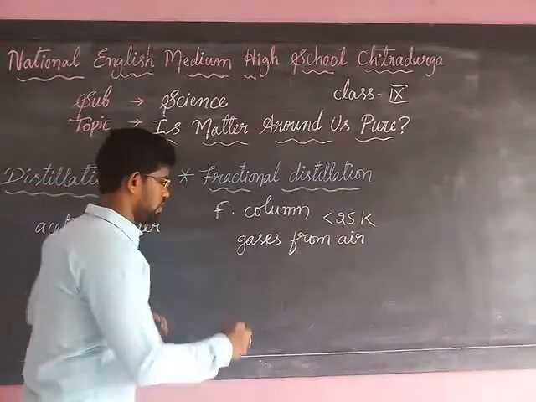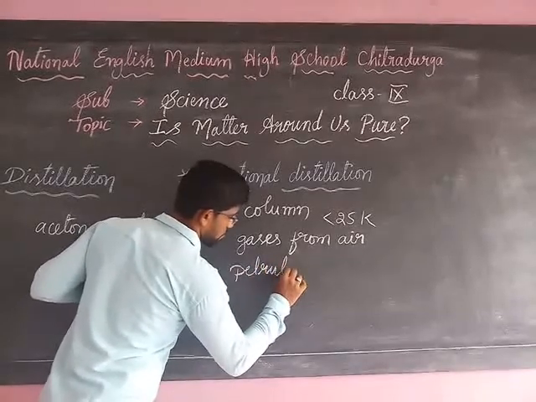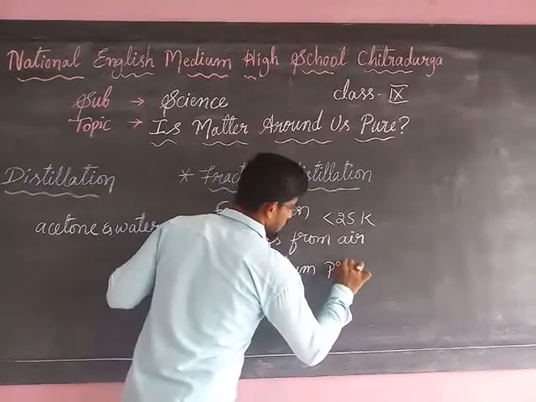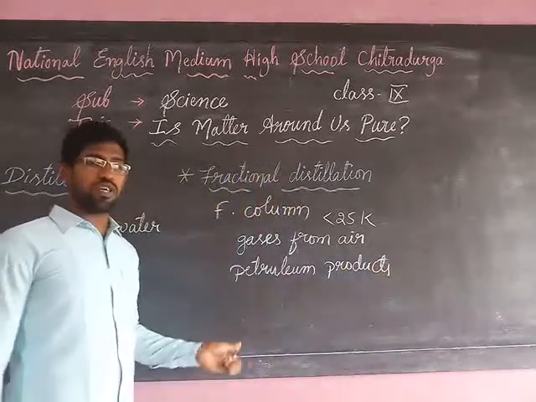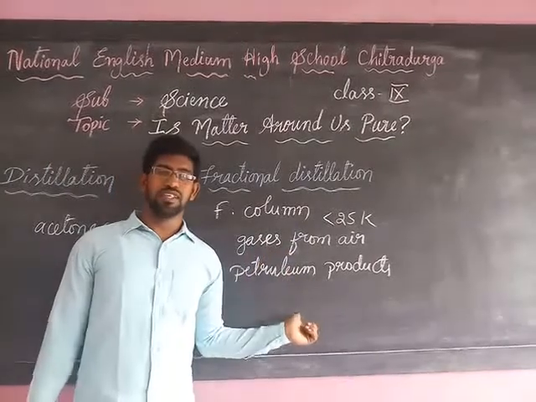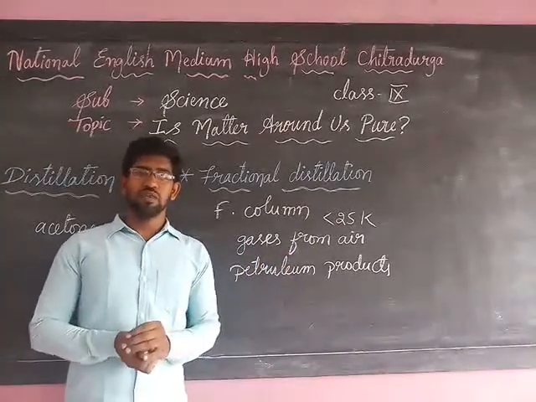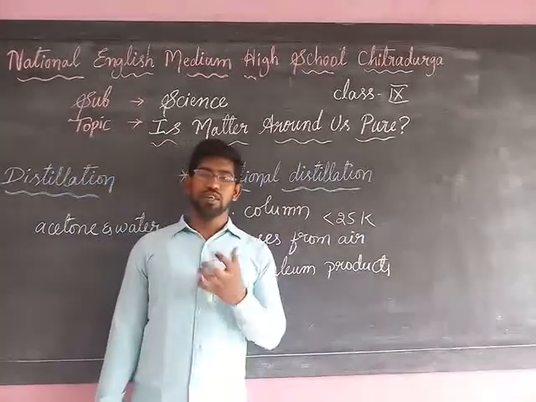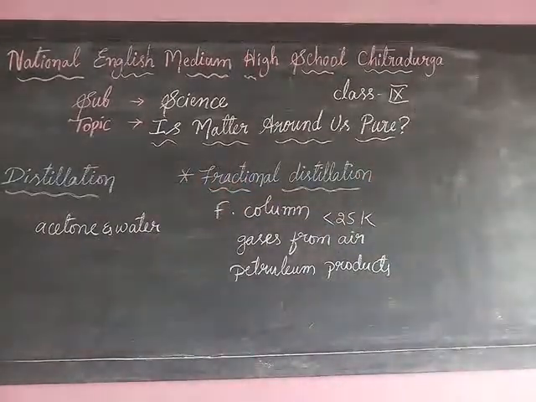Not only that, but also to separate petroleum products, such as kerosene, white petrol and diesel. These are the products of petroleum. Let me show practically how we use this method to separate the mixture in the videos.